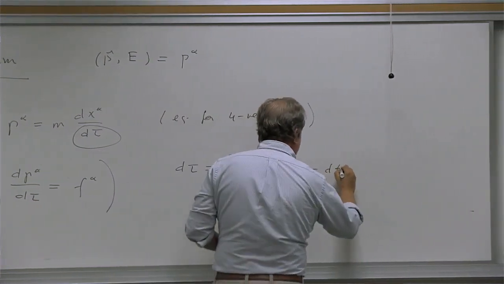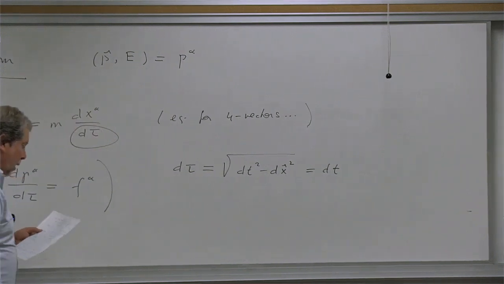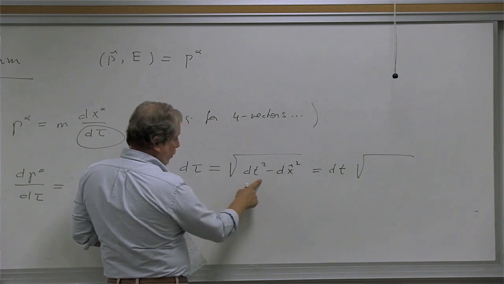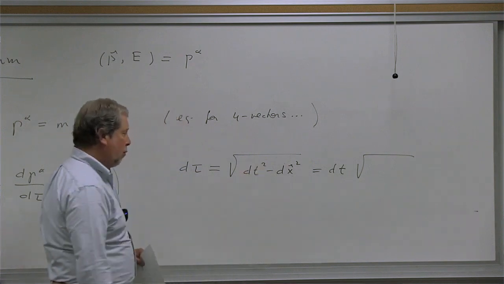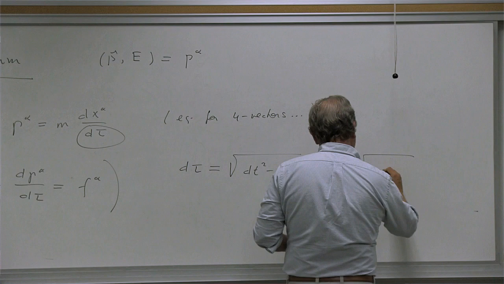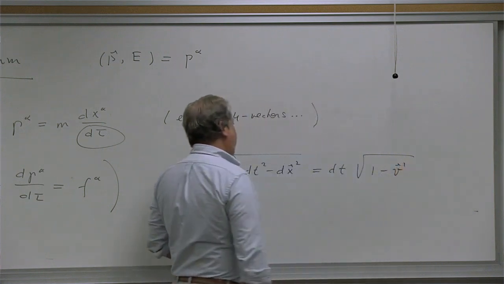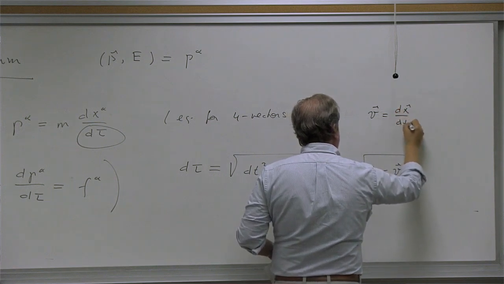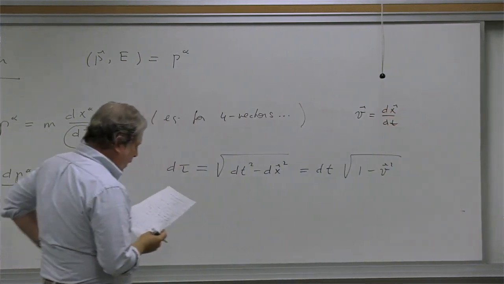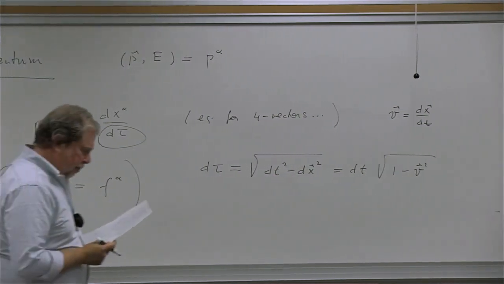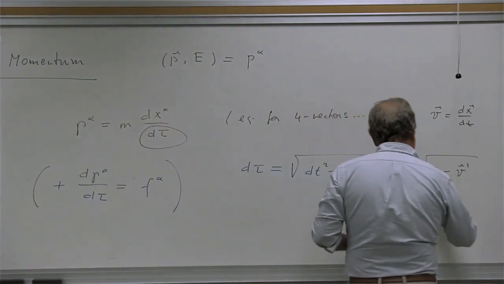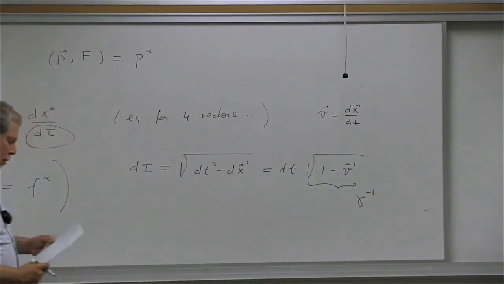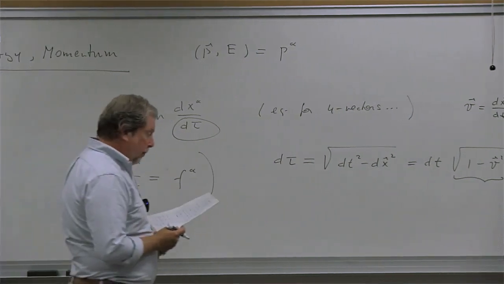So you can write this as dt times, of course, what's left in the square root is a 1 for the first term, because dt squared divided by dt squared is 1. And then the second term is the velocity, because that's dx by dt. So v is, of course, equal to dx by dt. So this is equal to dt times 1 minus v squared to the 1/2. And this coefficient here is, of course, gamma to the minus 1. That's the gamma factor that we introduced a moment ago.